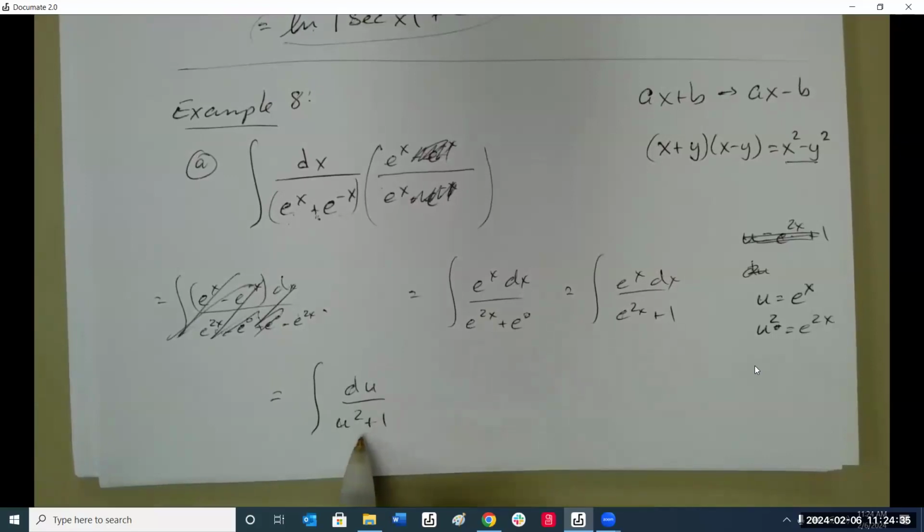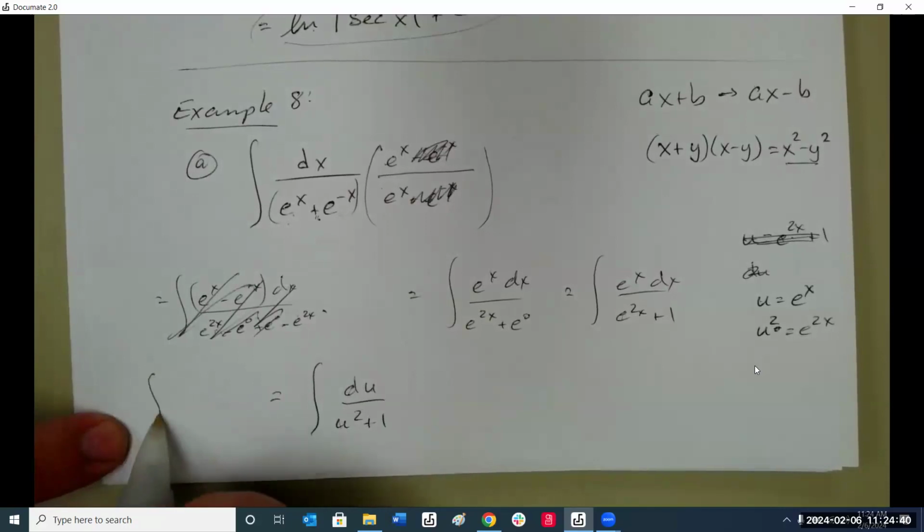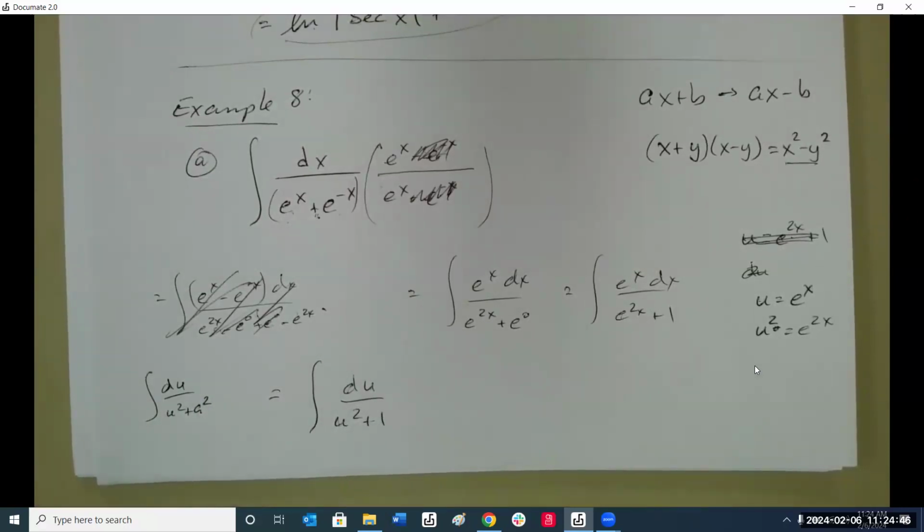For that one, look for something that looks like this: du over u squared plus a squared on your cheat sheet. If you find u squared plus 1, great. But if not, then look for u squared plus a squared.